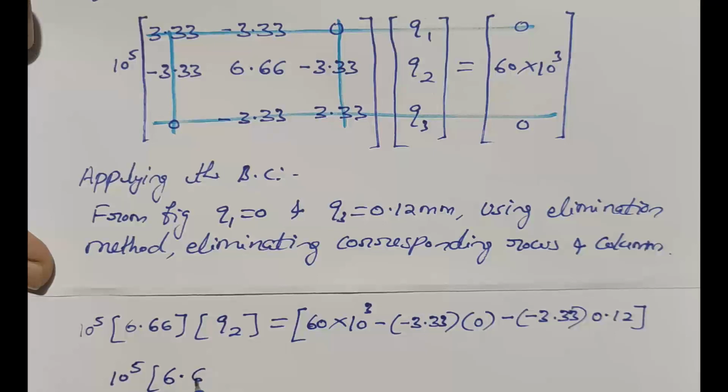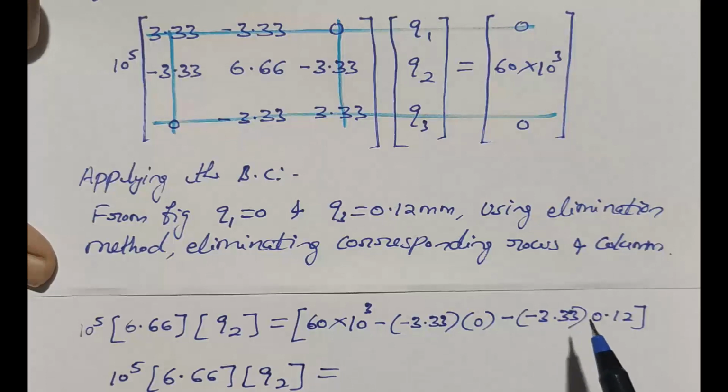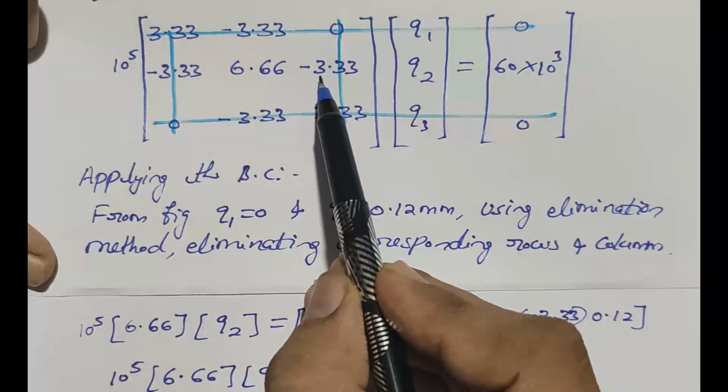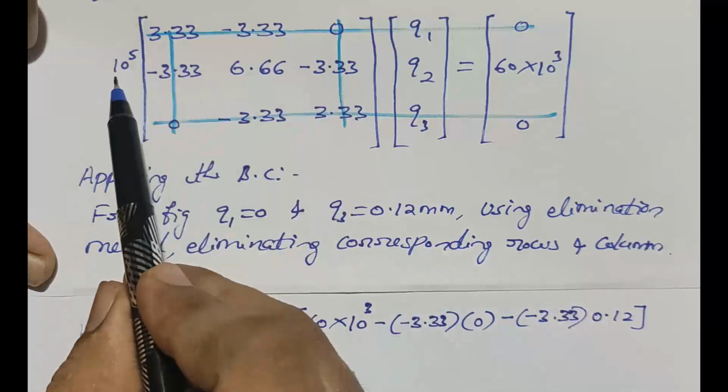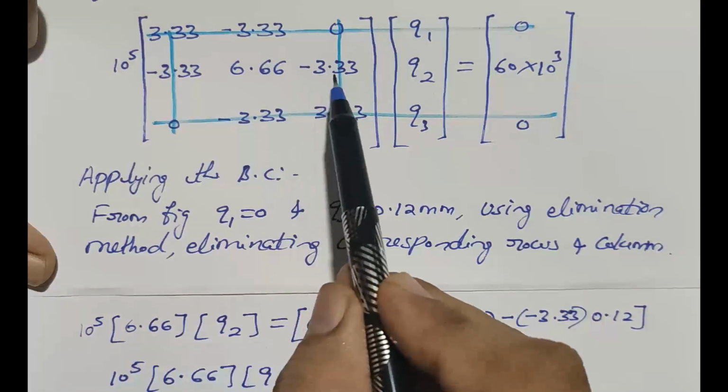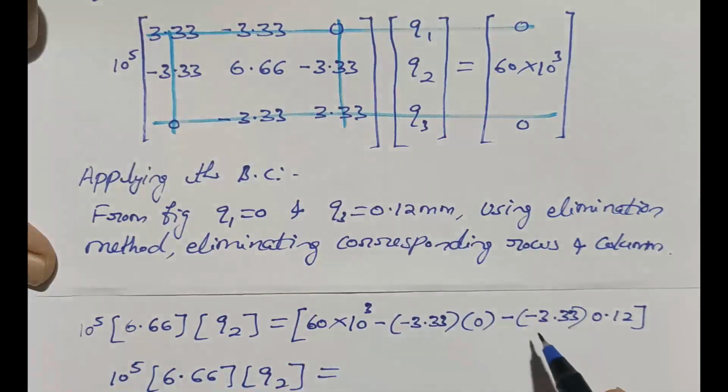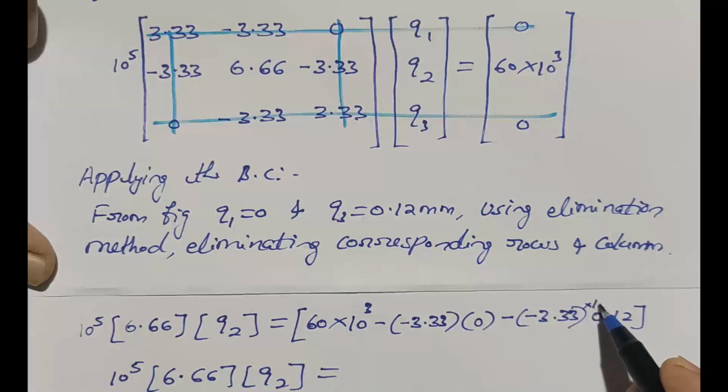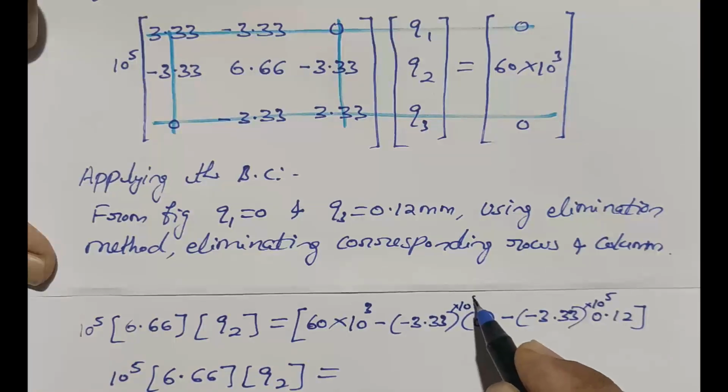If you simplify this, it becomes 10 power 5 into 6.66 into Q2 is equal to, here we have taken only minus 3.33, but outside we have 10 power 5, so I have to include that 10 power 5 also, meaning minus 3.33 into 10 power 5 into 0.12. The other term becomes 0 because we have 0 there.